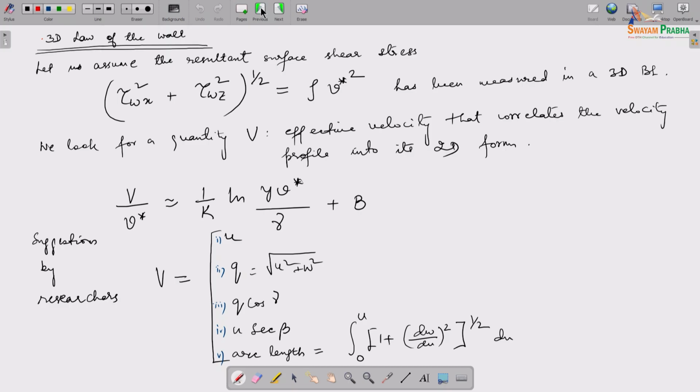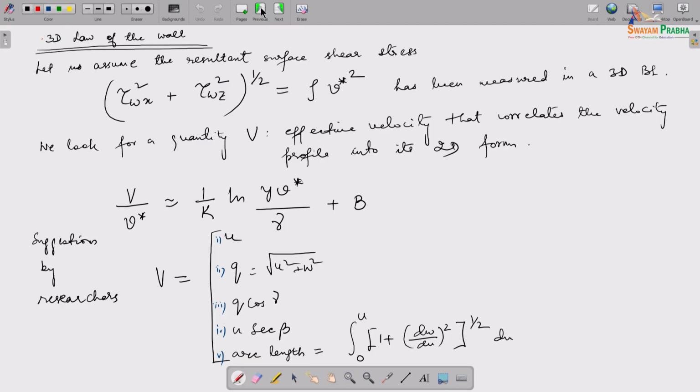We still looked at what the difficulty is, and whether there is a way around it, something that I can do. But anyway, these are the lines on which research has been done so far. And then we looked at the 3D law of the wall.